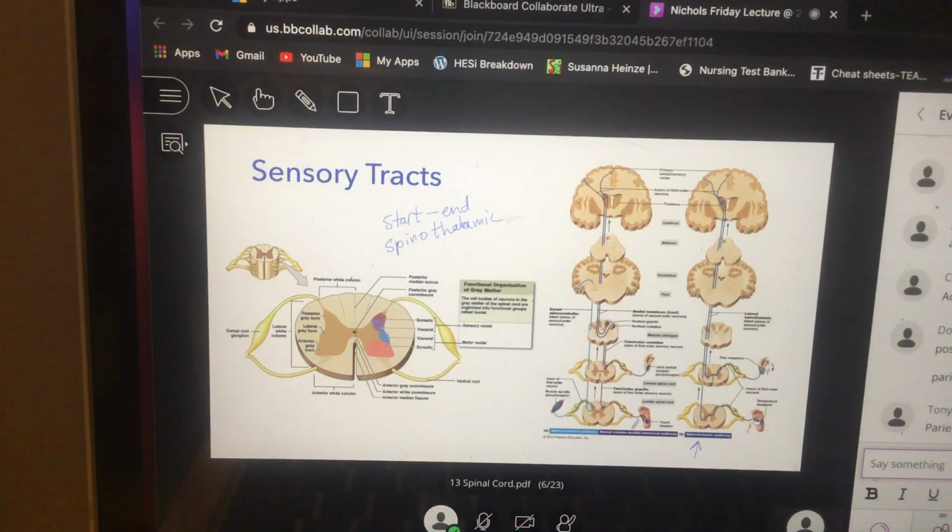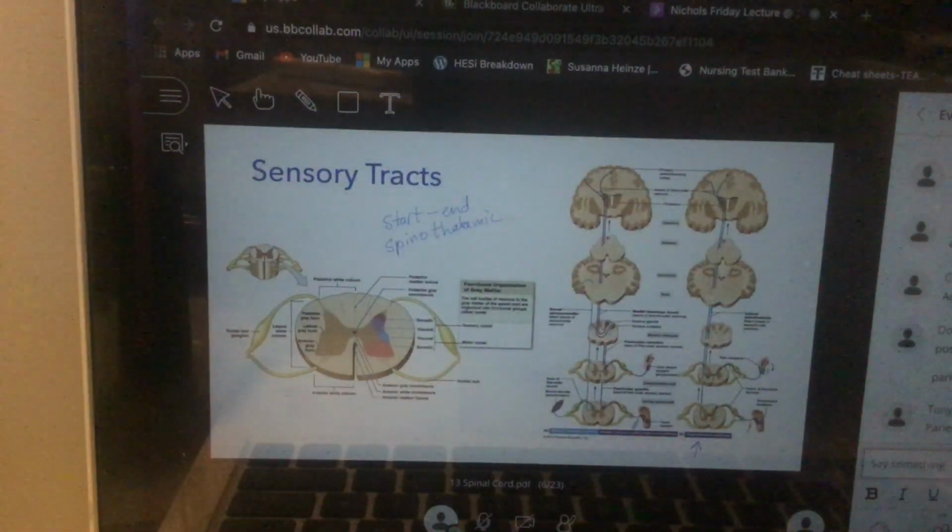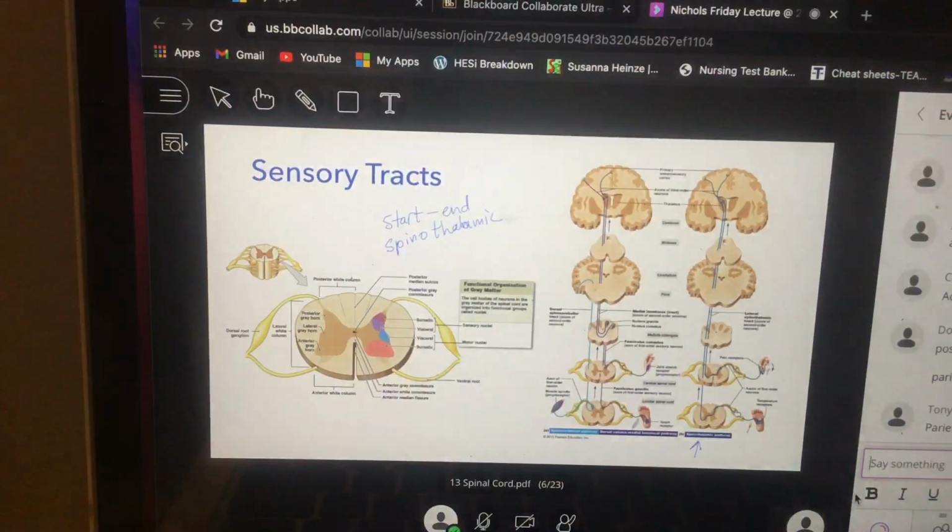They will send action potentials through the spinal nerve that will then split. Since it's sensory, it's going to come into the dorsal root, the cell body, perikaryon, the soma of that sensory neuron in the dorsal root ganglion, but it just blows right on past it. It doesn't even stop. The impulse just shoots right past it in through the posterior root or the dorsal root where it synapses.